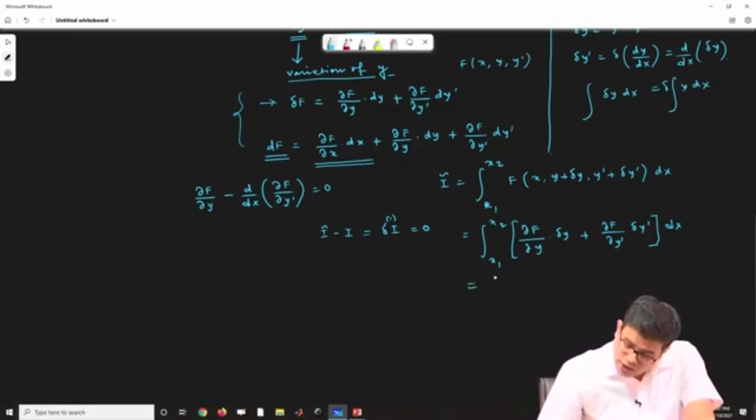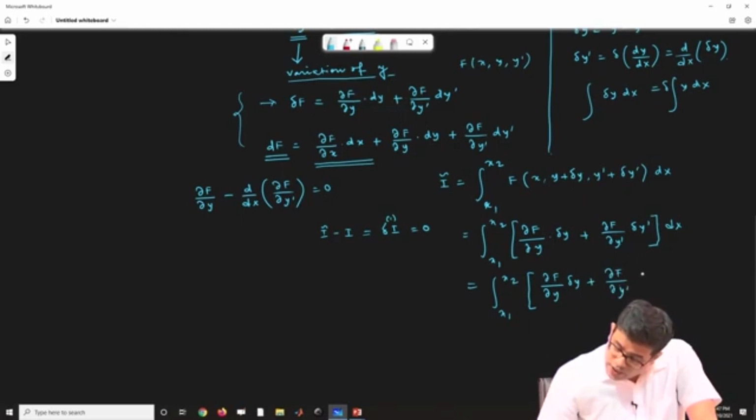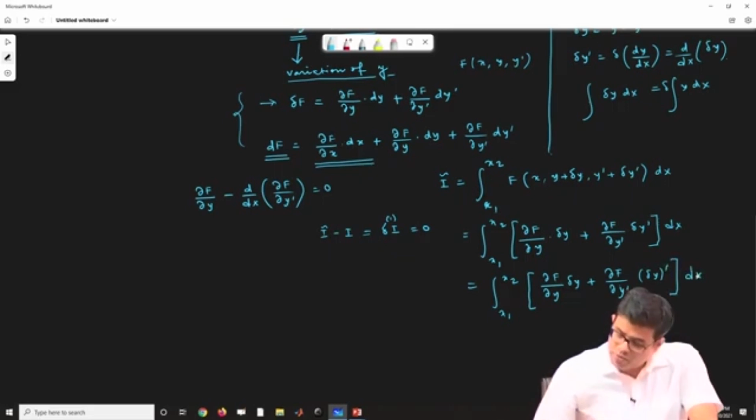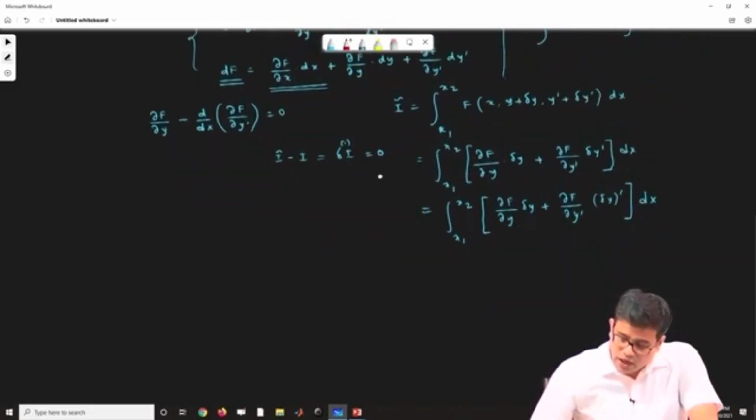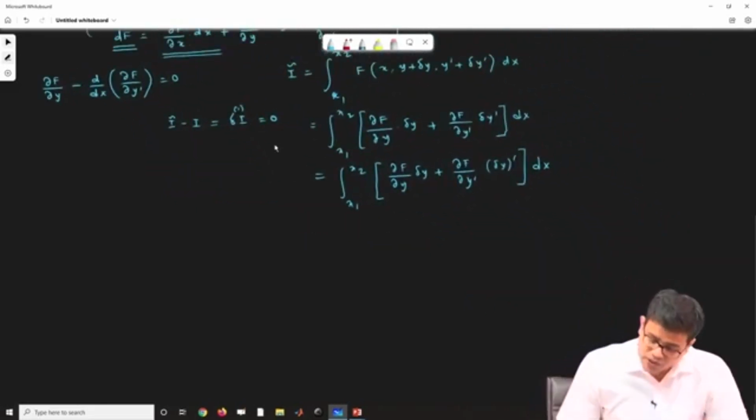Now if I do it, which is x1 to x2, that is ∂f/∂y into delta y plus ∂f/∂y prime into delta y prime. So this I can do integration by parts, that I did in the last class.